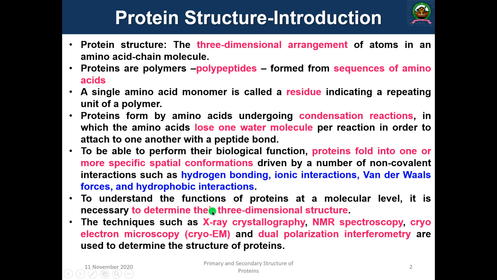We can use the techniques we have discussed previously: X-ray crystallography, nuclear magnetic resonance spectroscopy, cryo-electron microscopy, the latest technique. In 2017 the scientific community got the Nobel Prize for cryo-EM, and dual polarization interferometry is another technique that can be used to determine the structure of proteins.